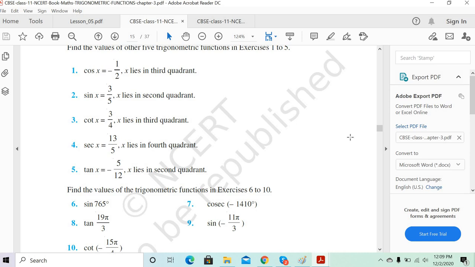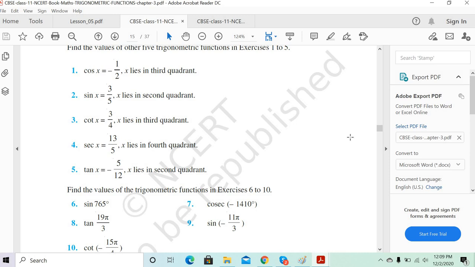See, what I'm telling you is that it's just a rotation in the circle. How many times you rotate? You rotated 765 degree, which is as good as saying it's a 45 degree angle in the first quadrant only. You understood the meaning of it.